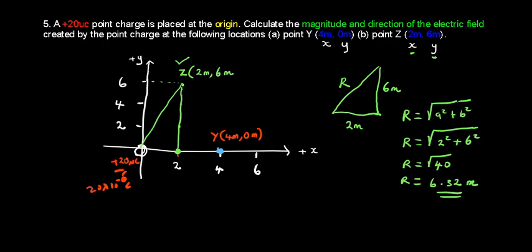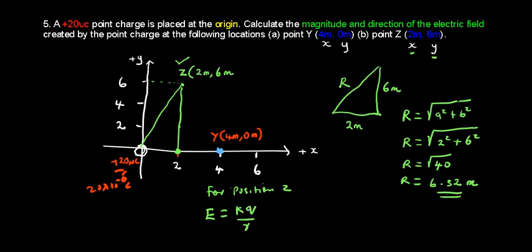Good. So let's now look at the magnitude. Let's solve for the magnitude for position Z. From the electric field formula, E equals KQ over R square.